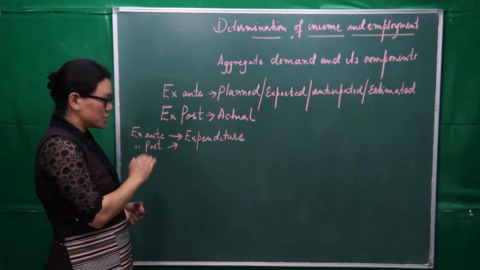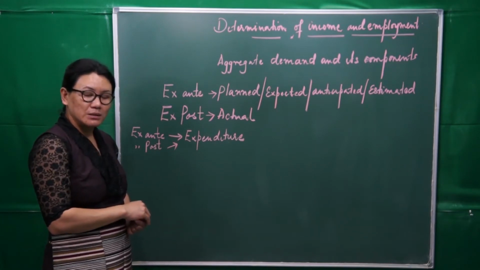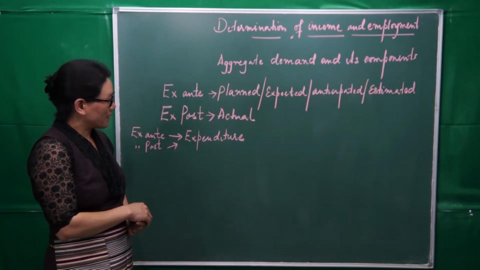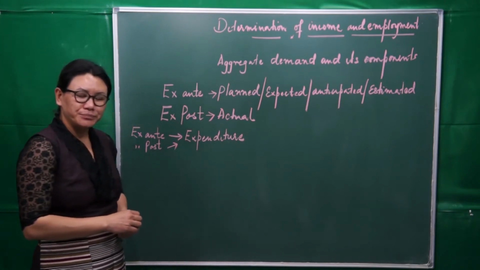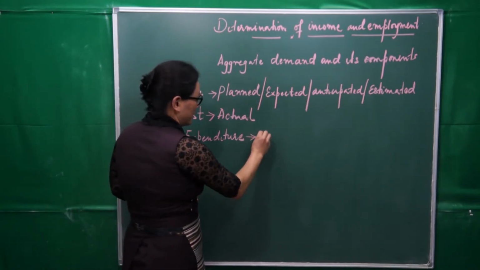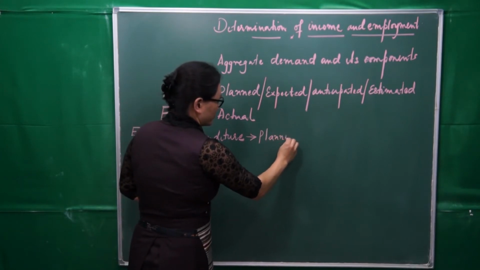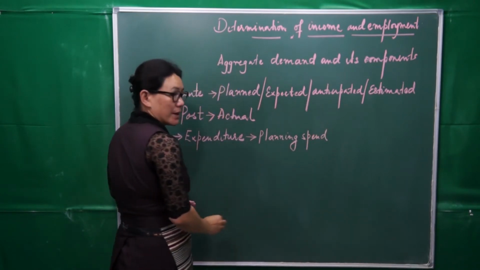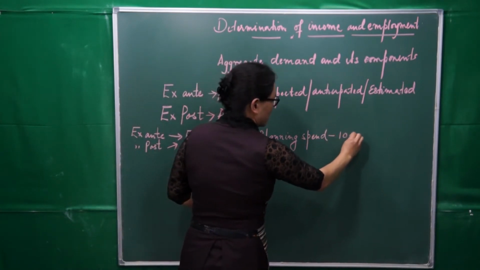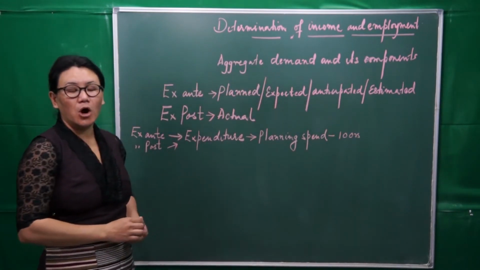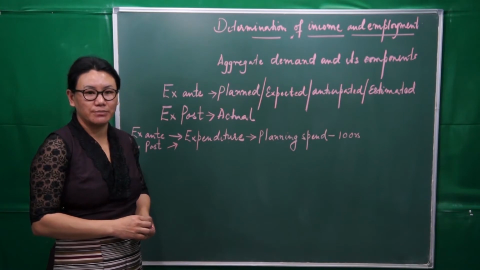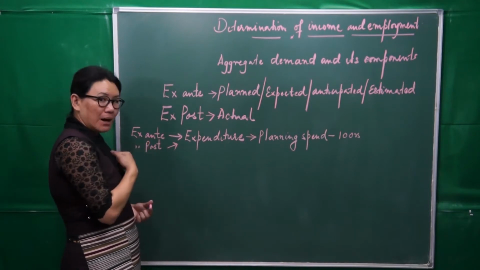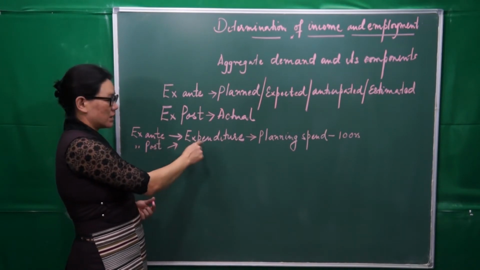Now, to differentiate between these two, again, I will be using a very simple example. See here, if I say, I am planning to spend this much amount on purchase of goods and services, this will be my ex ante expenditure.